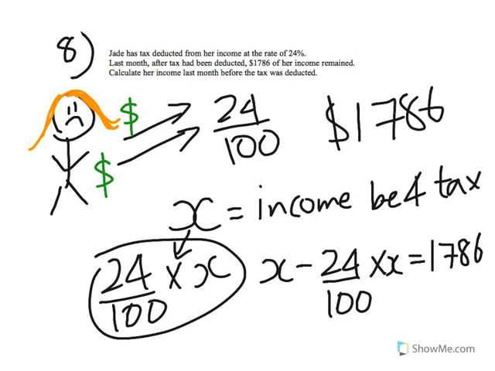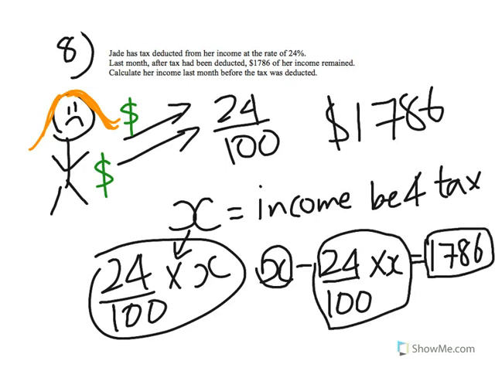This is because from her original income, 24% of her income has been taken away, and so that'll give us her new income after the tax has been taken away, 1,786. So all we've got to do is solve this equation for X, and we will find her income before tax.